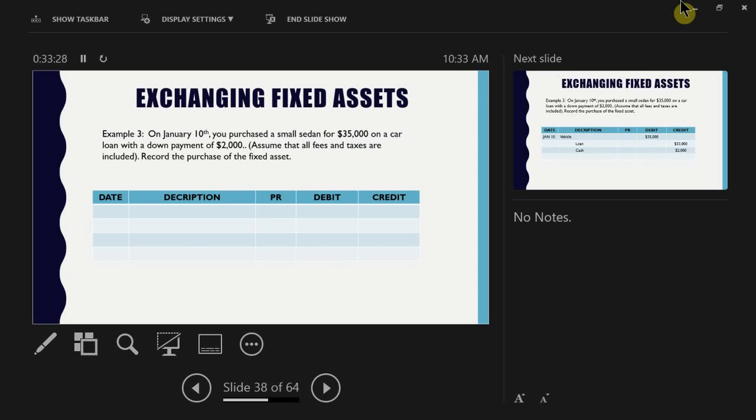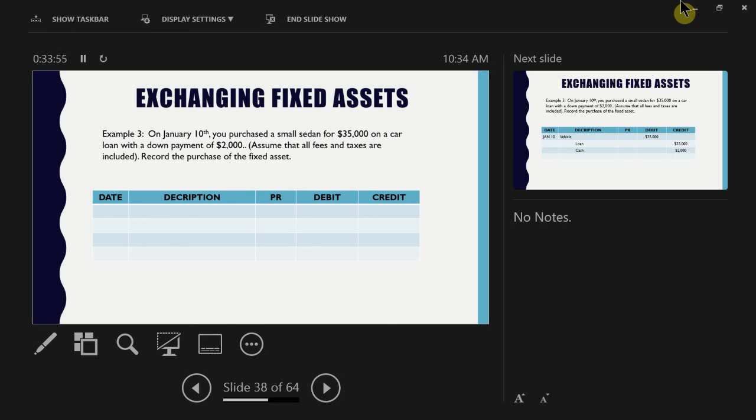So let's go ahead and just do the example here. In this case, example 3, on January 10, you purchase a small sedan for $35,000 on a car loan, okay? With a down payment of $2,000. Assume that all fees and taxes are included with the price.